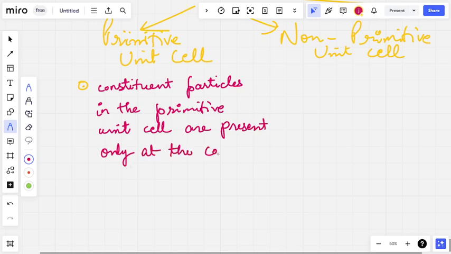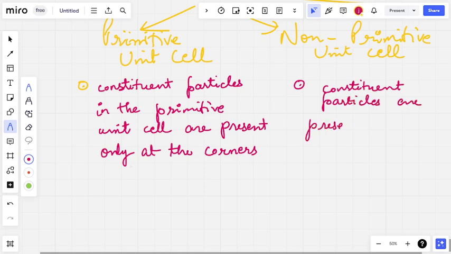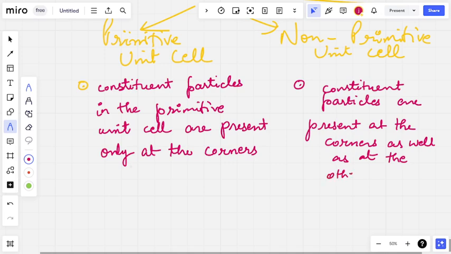In a non-primitive unit cell, constituent particles are present at the corners as well as at the other parts of the unit cell.